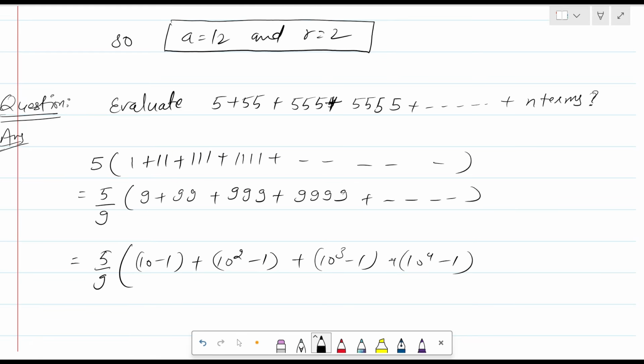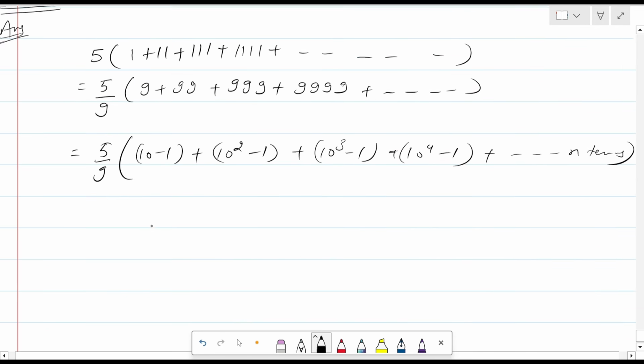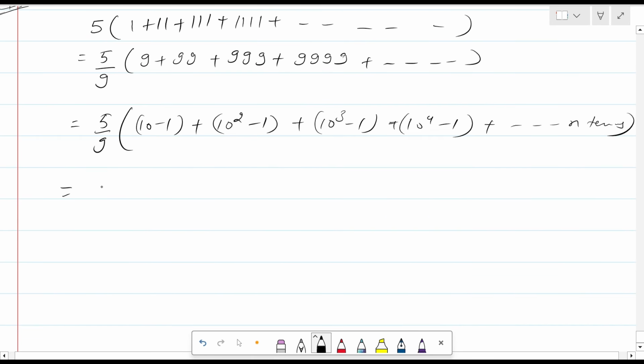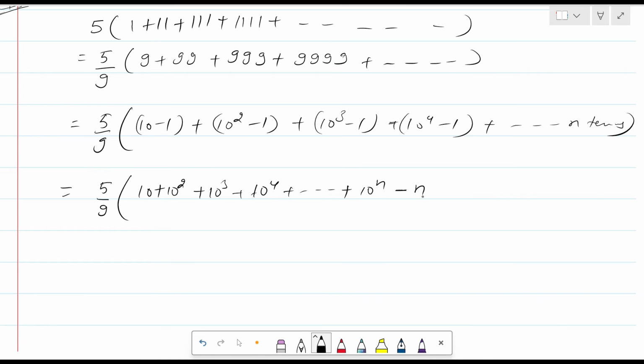Then 10 raised to the power 4 minus 1, up to n terms. So now I can write 5 by 9, 10 plus 10 square plus 10 cube plus 10^4, up to 10 raised to the power n, minus n, because minus 1 taken n times will be minus n.